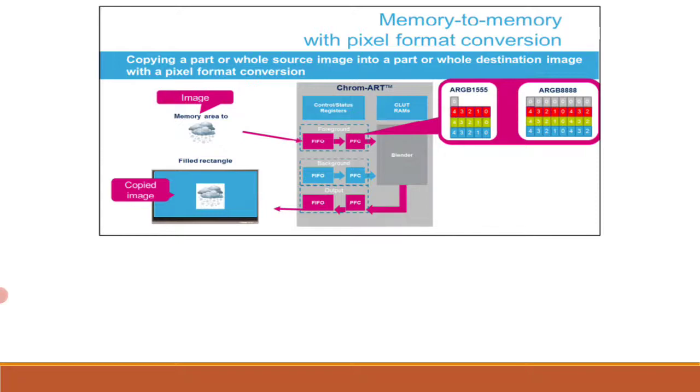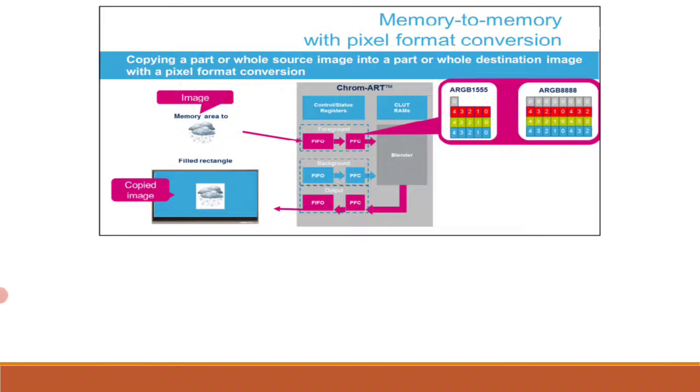For example, here an RGB565 image into an ARGB8888 image without having to use the CPU. See, in this flow you can see we are not entering into the CPU at all. Just by using the FIFO and PFC we are able to copy with pixel format conversion.